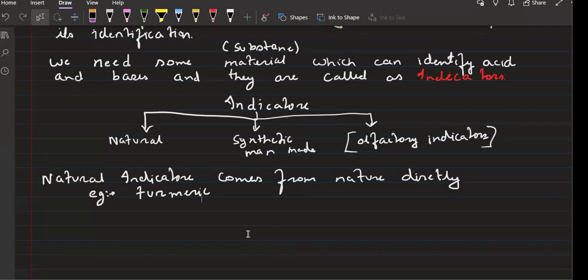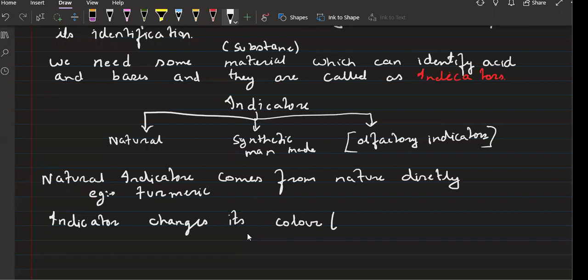So I can write it like this: indicators change their color (or smell), because smell is just for olfactory indicators.